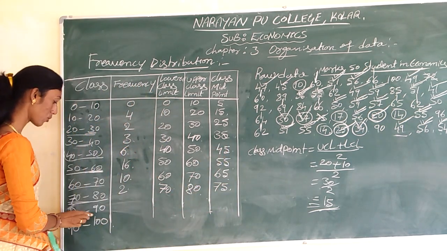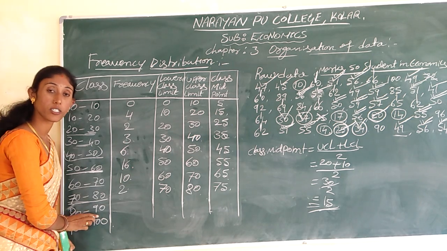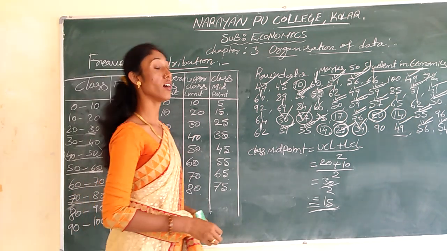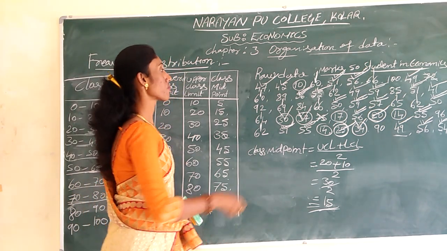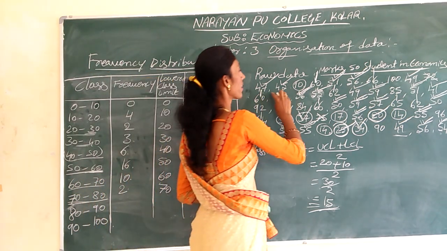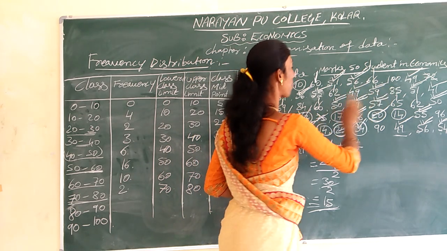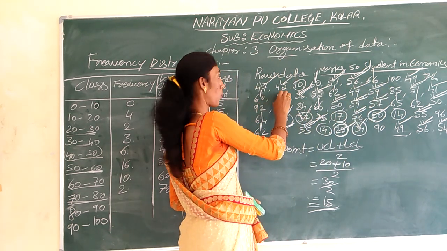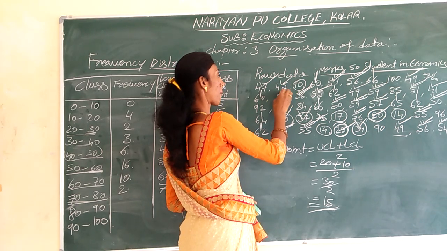Then come to our one more class, that is range between 80 to 90. Now we will identify the frequencies. 80 to 90. We got one frequency, right?